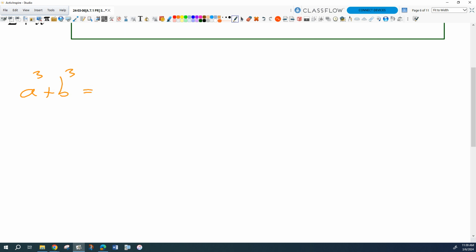Is it a plus b? There you go. A plus b times a squared minus ab plus b squared. Good. Okay, what were the ways that we remembered that? How do we look at that pattern and visually know what to do? Remember our pattern here.